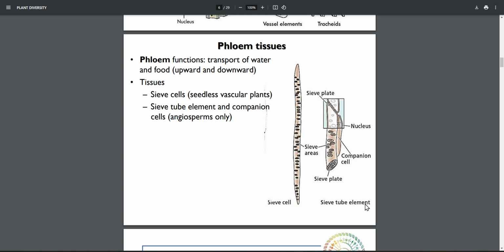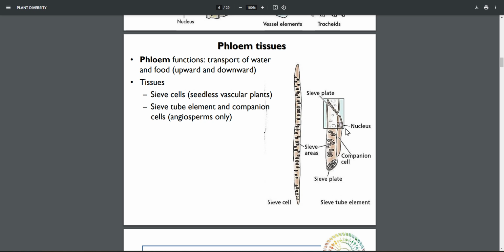And the sieve tube, which is only present in angiosperms, is more advanced. Instead of just one long strand, it has individual cells that are connected to each other, with sieve plates, which are like end walls. And most effectively, they have something called the companion cell, which is attached to the sieve cell.